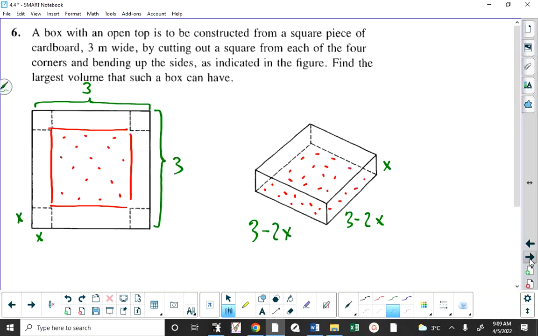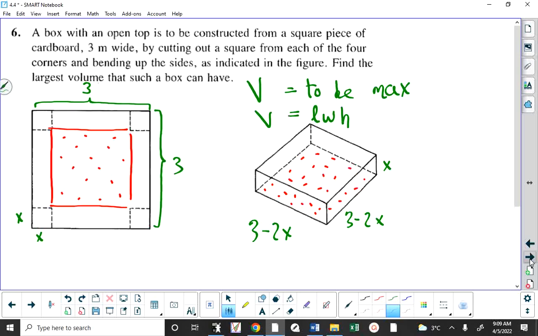I maybe got a little ahead of myself because I'm so familiar with this problem, but what we're trying to do is optimize V. It asks for the largest volume, which means we need a formula for V. We start with volume equals length times width times height.